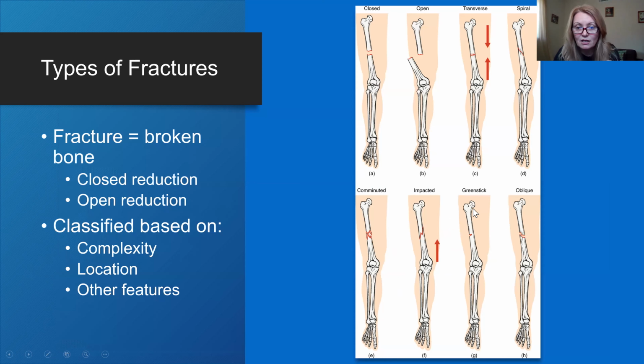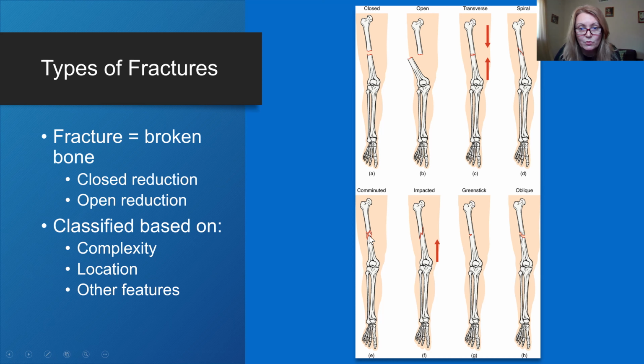Over here, I can just show you, for example, this is closed, this is open fracture, this is transverse, because the bone is broken just across. Here you have a spiral.